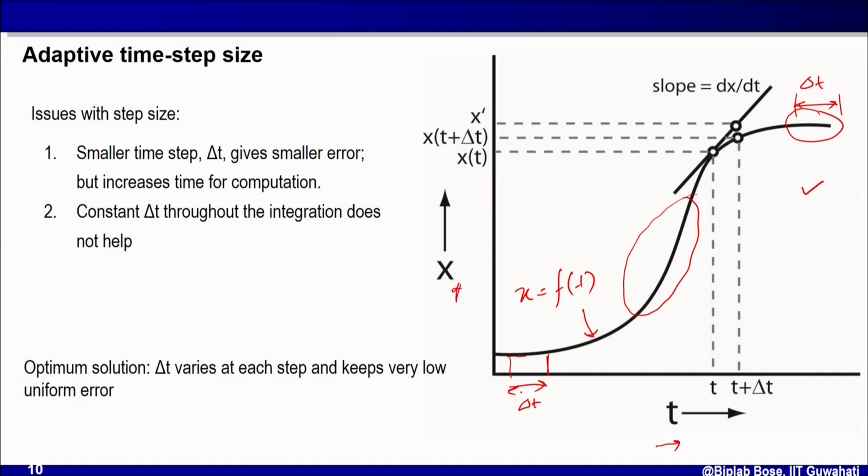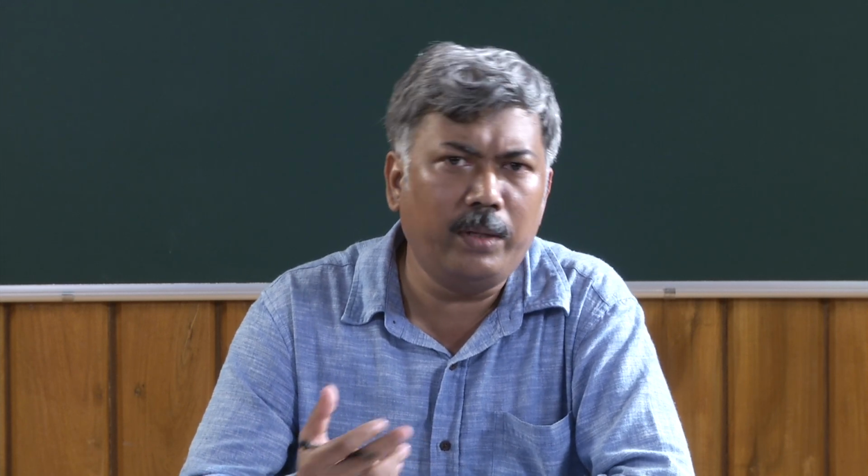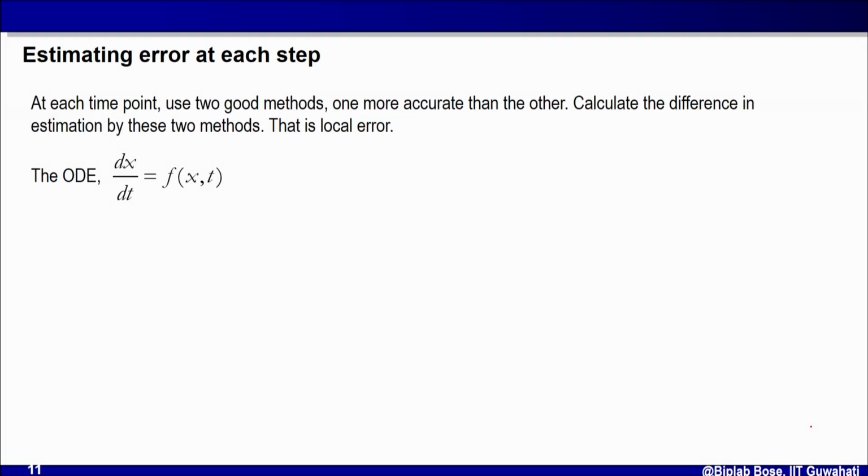In these adaptive algorithms, we will try to estimate the optimum delta t as we keep on solving a particular ordinary differential equation. There are many ways of doing this. I will discuss one generic method which has been implemented in many algorithms with various variations. To use an adaptive method, I have to take a delta t and then estimate how much error there is in my calculation if I take that delta t.